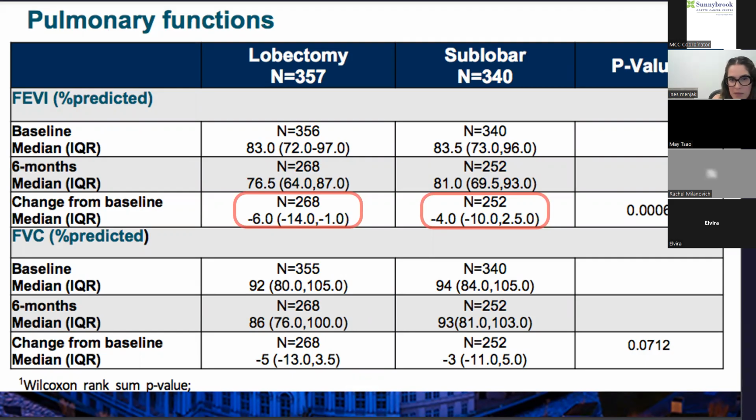If you look, both arms had a decrement in pulmonary function. However, it was a lesser degree in the arm of sublobar resection, 4, and the arm of lobar resection was 6, and the P was statistically significant. In terms of FVC, there is no statistical difference in the decrement of respiratory function.